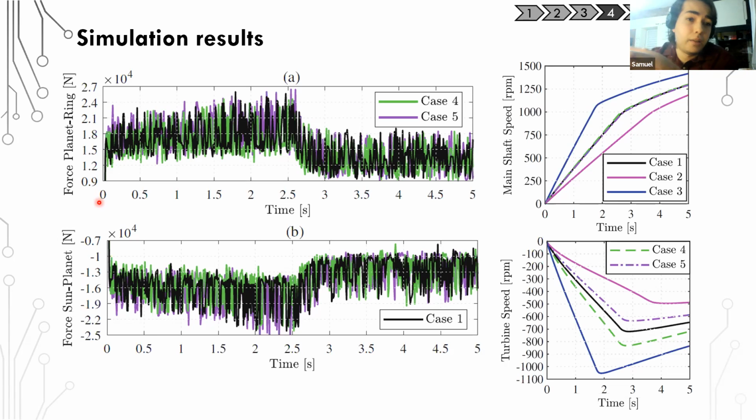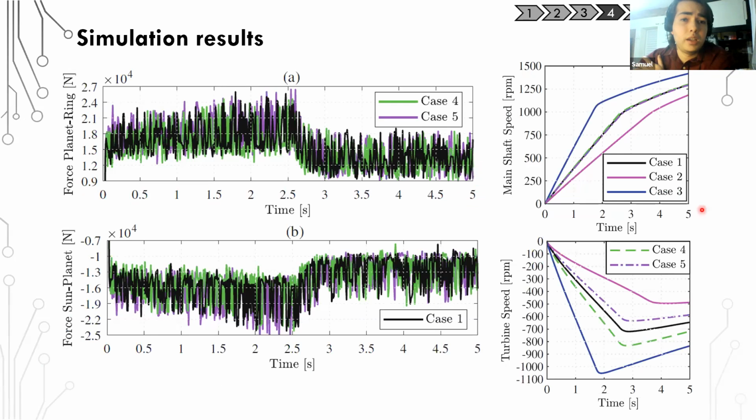This is mainly due to the fact that the input shaft receives most of the power if you compare it to the superimposing shaft case. So the main input shaft actually has a greater influence on the meshing teeth contact forces in this case.